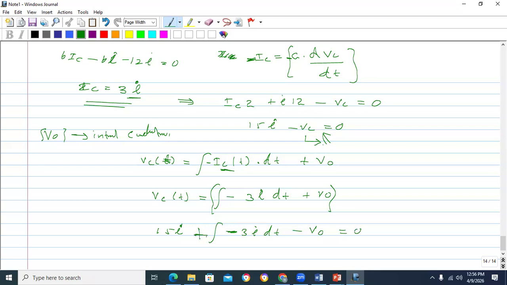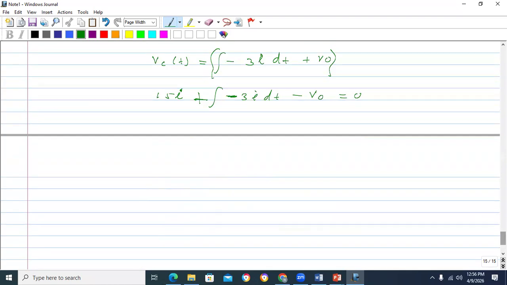Now you can get the differential equation, no? How? Now you need to get rid of this integration. For that, you need to do the differentiation. So you will have 15 di dt plus, because this minus and minus will be plus, 3I.